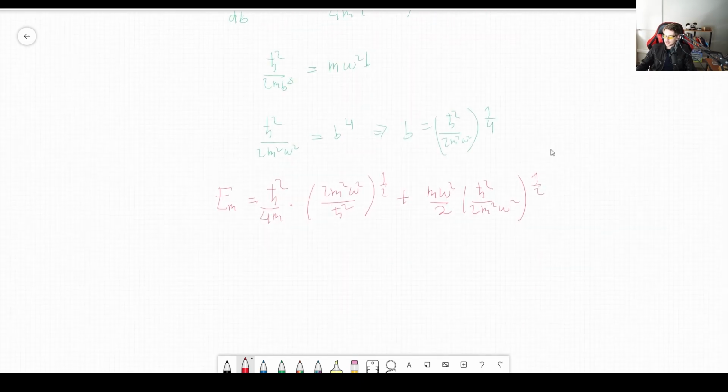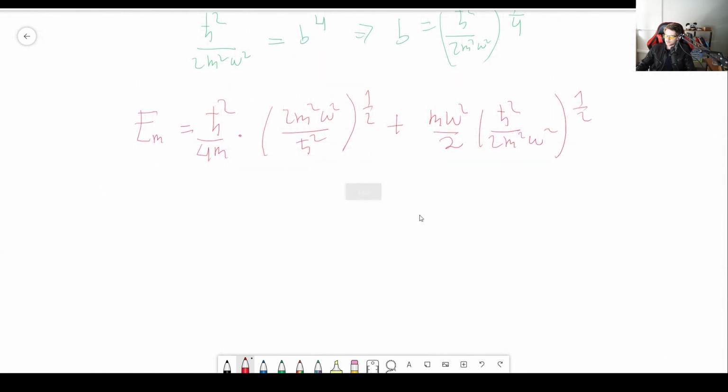Okay, so now let's simplify this a little bit. So let's see. So this here is basically h bar, m, and omega, right? There's no squares. So we get h bar here. And then we have square root of 2 upstairs, but we have a 4 down here, which is basically 2 squared. So we basically have 2 to the 3/2 power. Then we have m, which cancels out with this, and omega, which stays there.